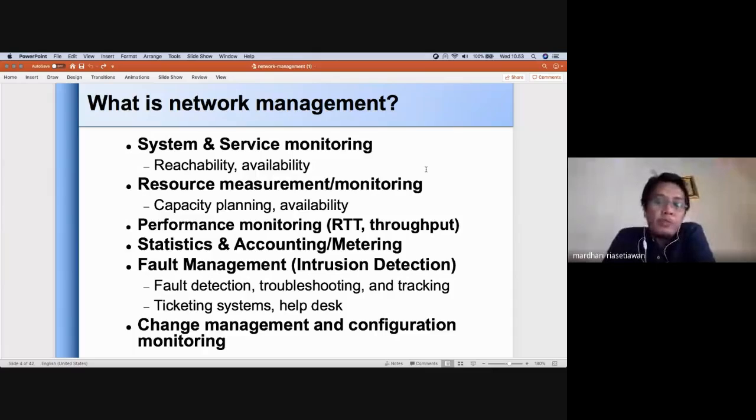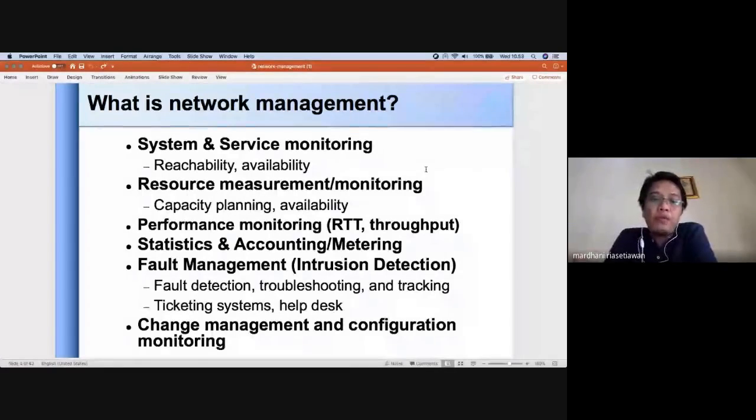And then, of course, because the network itself is always adaptive or changing because of several situations, we need change management and configuration monitoring. We try to avoid the situation where, when the network landscape or architecture changes, it impacts the network with faults or it does not work well.